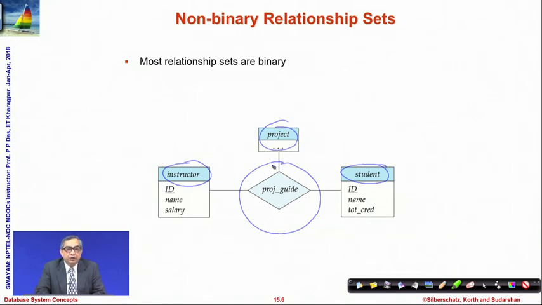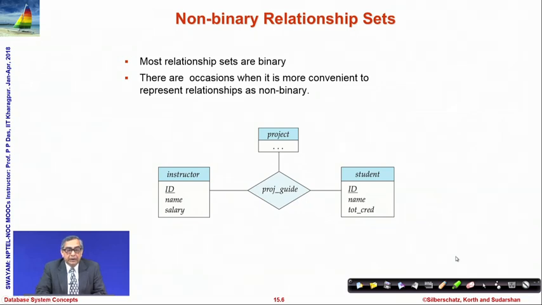All 3 together define this relationship. In such cases, it is possible in the ER model to represent it conveniently as a non-binary relationship. In the ER diagram, this is called a ternary relationship.